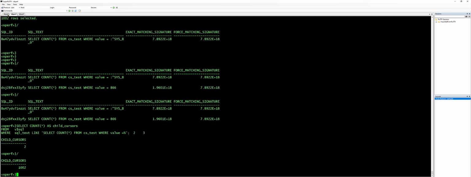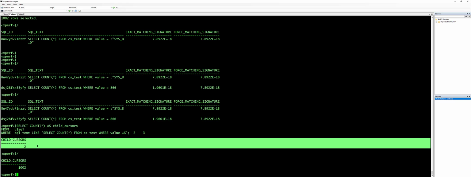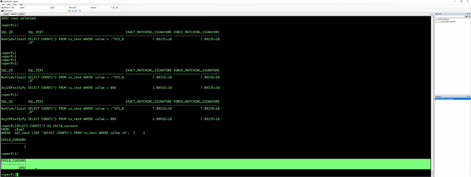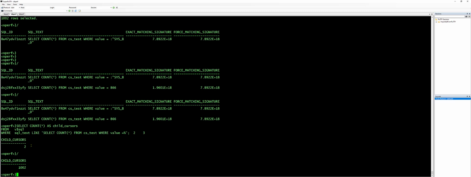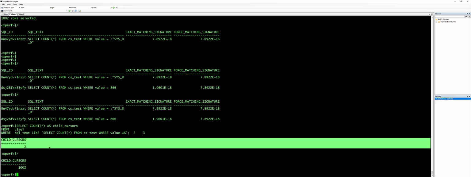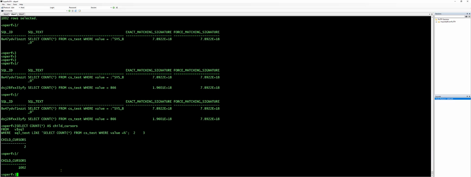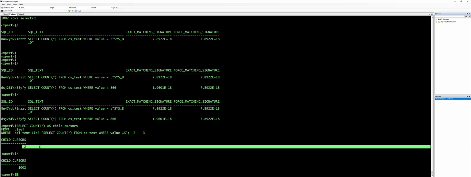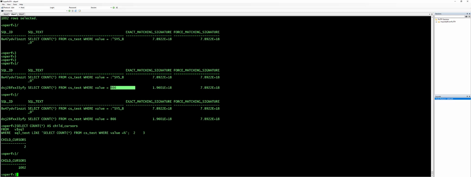But when I executed all these SQLs manually, Oracle is able to share the cursors. So this is the extra overhead. If I don't use cursor sharing or bind variables, Oracle will have to process 1000 SQLs separately. But if I use cursor sharing, Oracle can share only one code for all the SQLs, and only 2 child cursors are there. It should be 1, but this 866 is not shared for some reason.